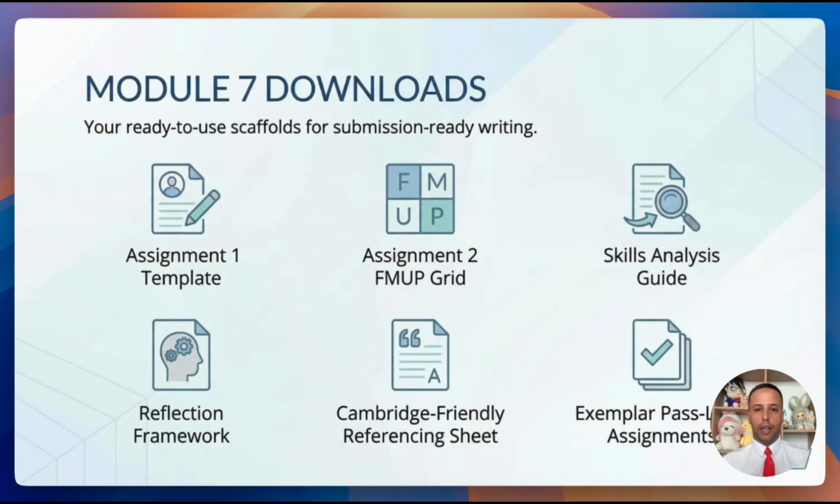Skills analysis guide, a framework for analysing texts and designing tasks for assignment 3. Reflection framework, the 4-section structure for assignment 4. Cambridge-friendly referencing sheet, how to cite sources in a way that satisfies CELTA requirements. Exemplar pass-level assignments, sample assignments that meet the criteria, not to copy, but to calibrate your expectations.